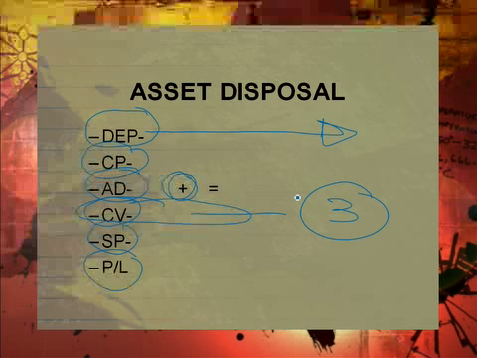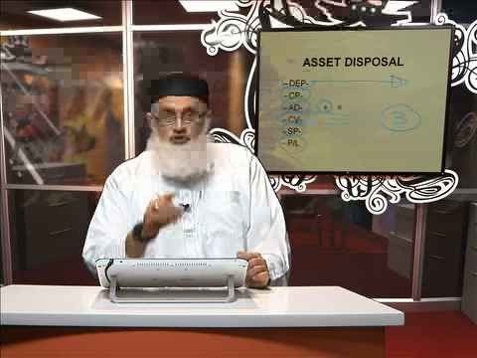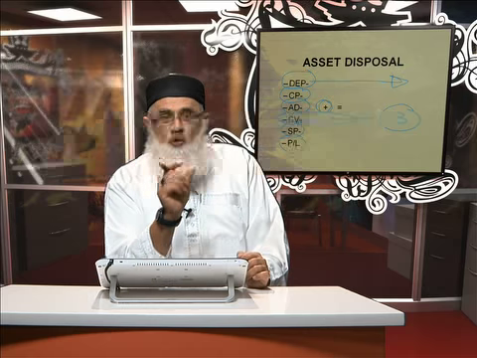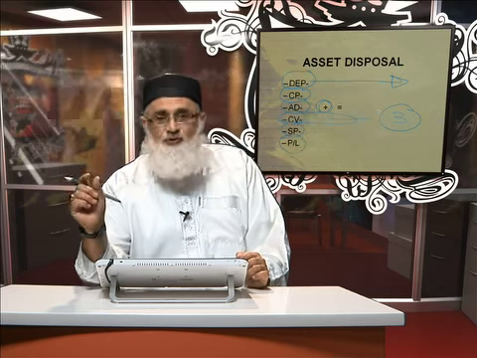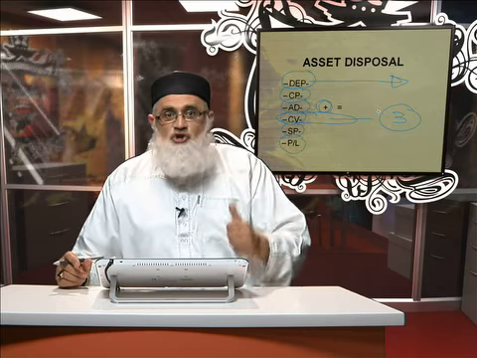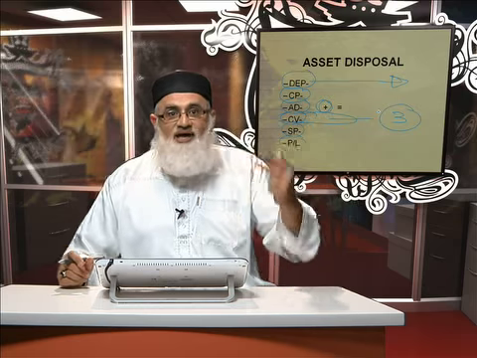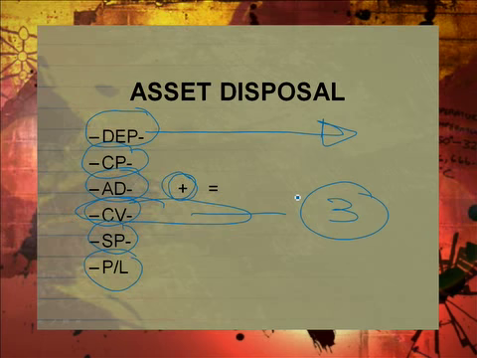Why? Because in note number 3, you're going to say disposal at carrying value, not the selling price, not the cost price, but the carrying value. That's right. We know now that with carrying value, we're not going to make an entry. Right? So there it is. We're on target with asset disposal.